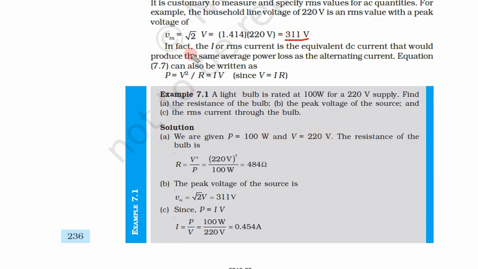Again, in fact, IRMS current is equivalent to the DC current that would produce the same average power loss as the alternating current. Equation 7.7 can also be written as, so we have written P is equal to V square upon R, that is equal to IV, since V is equal to IR. So P is equal to IV. This is again another case. Let us check once more that we are getting the AC values or not. This is for DC.